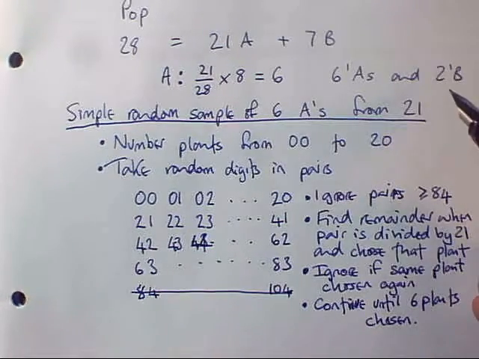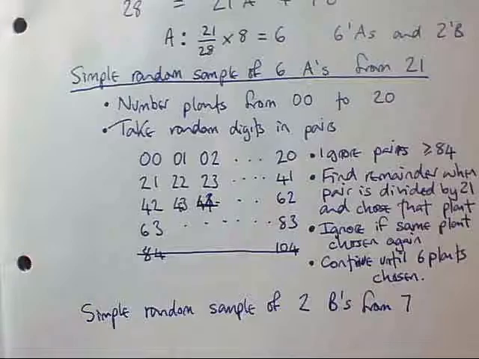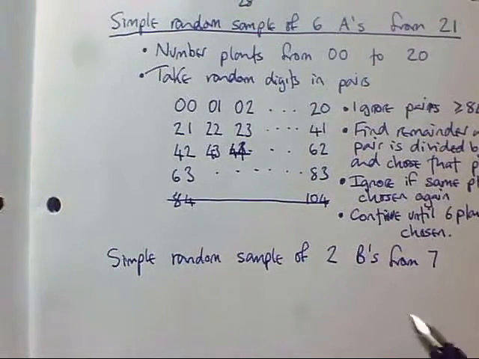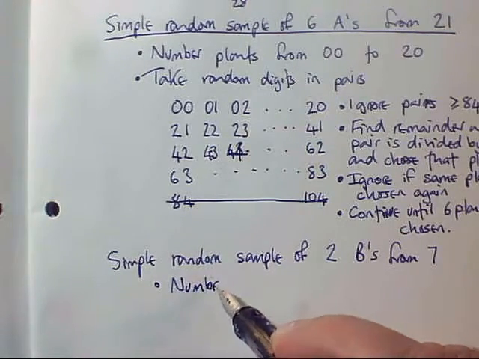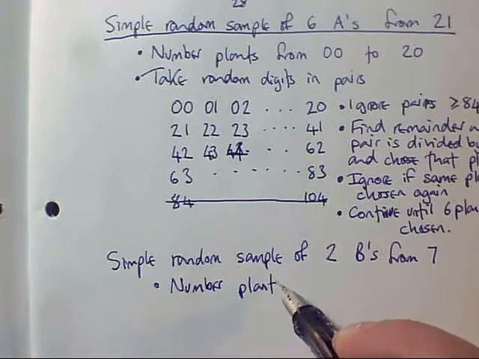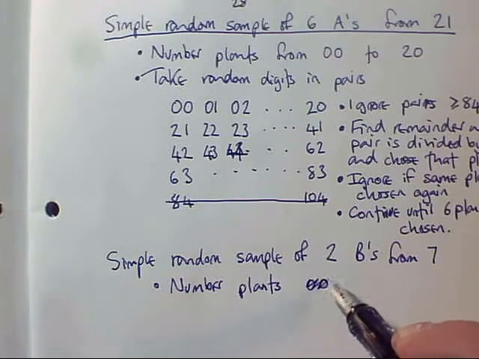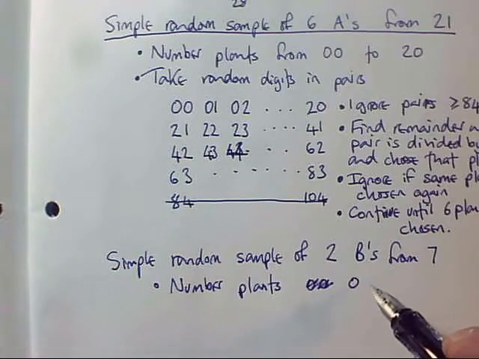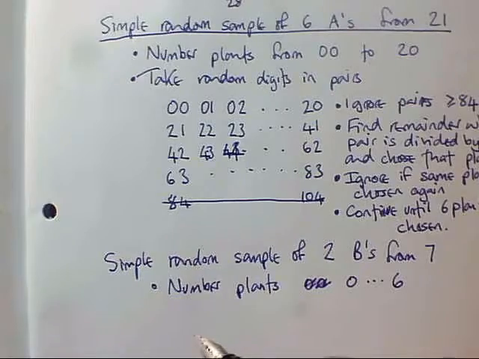And then I've got to choose my 2 B's from the 7 B plants. This is a little bit simpler because there are 7 plants and I start numbering at 0, so I number them 0 to 6. I don't use pairs, I just use single digits, 0 to 6, and I use digits singly.